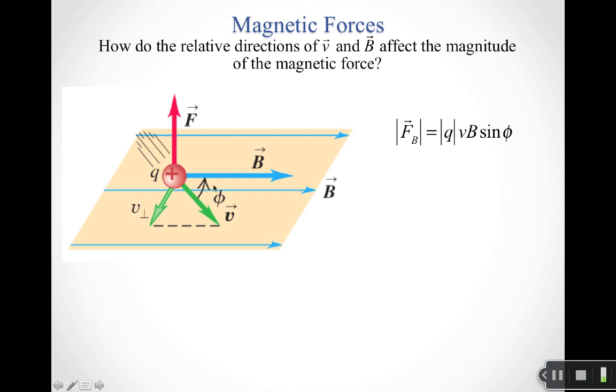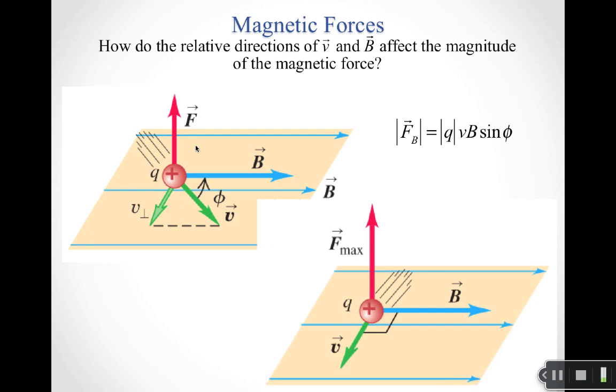The other thing you'll notice is the magnetic force happens to be perpendicular to the plane of these two vectors. And we'll talk in class about a right-hand rule that we'll use to figure out what the direction of the magnetic force is going to be. Now, if I have a particle that's moving at right angles to the magnetic field, then that's going to have the maximum magnetic force.